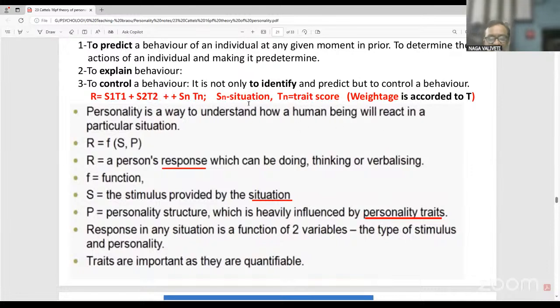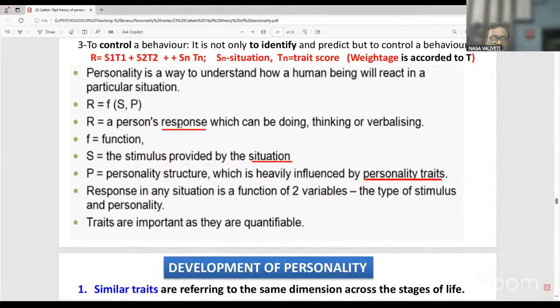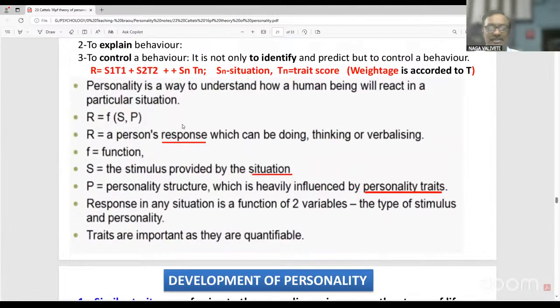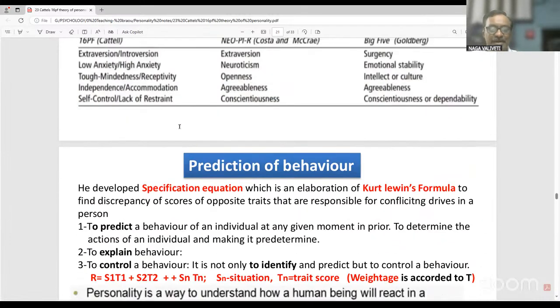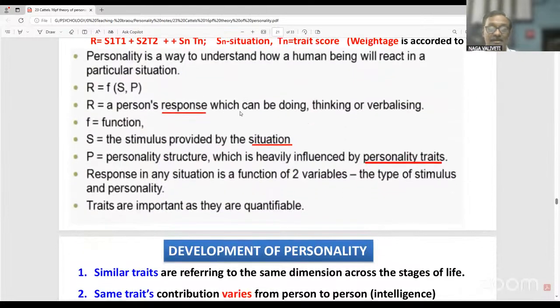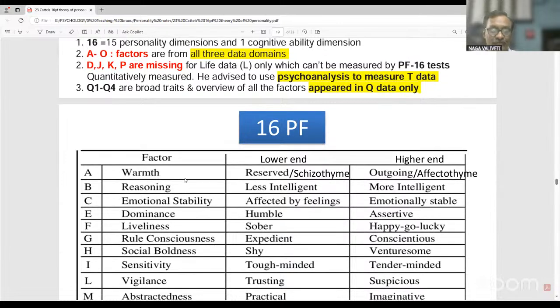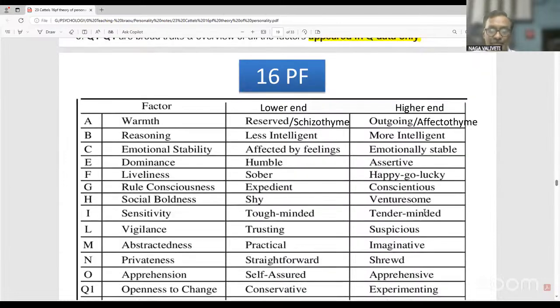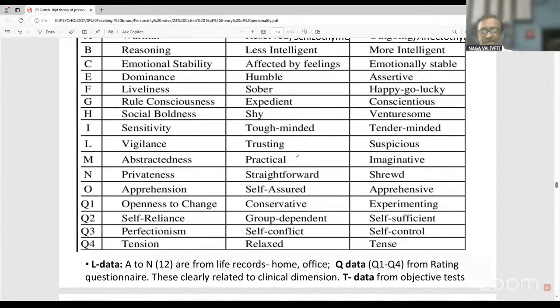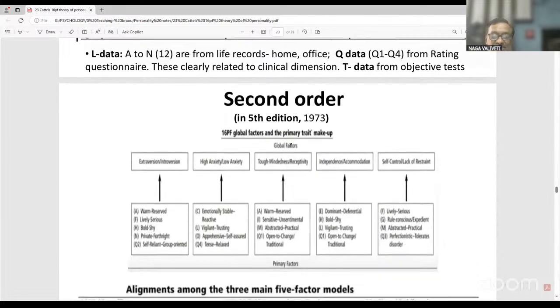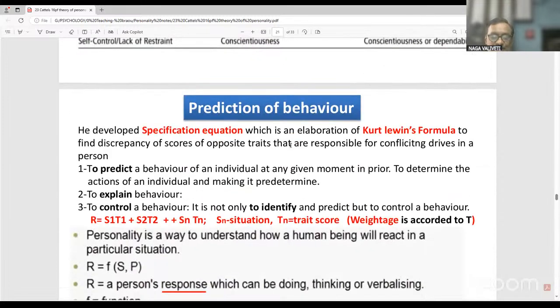Weightage is given to the ability. That calculation will give you your expected behavior. But all these are not much accepted by other psychologists. But this part is highly appreciated. Worldwide, it is now implemented for employment purposes, premarital counseling, the educational field, personality defects; this scale is highly used.